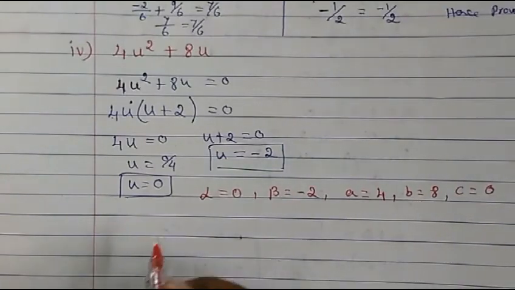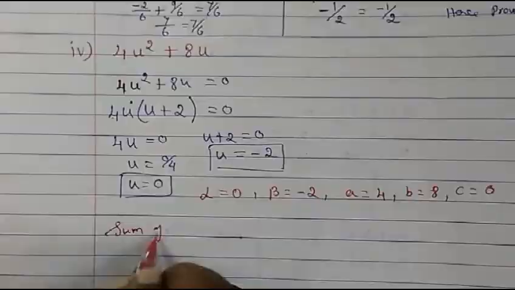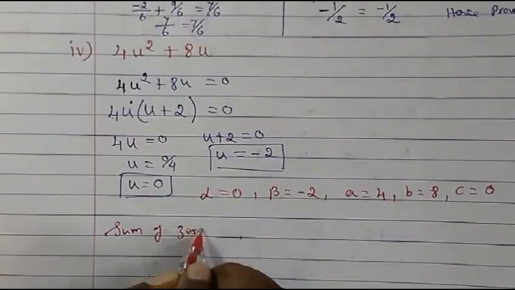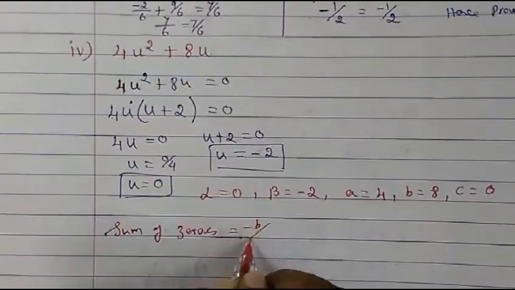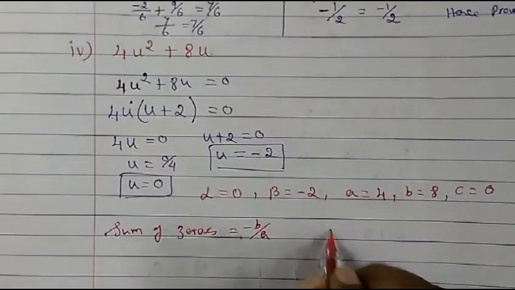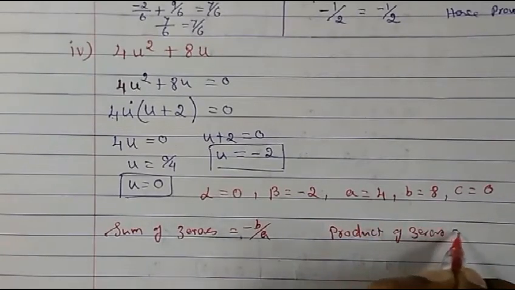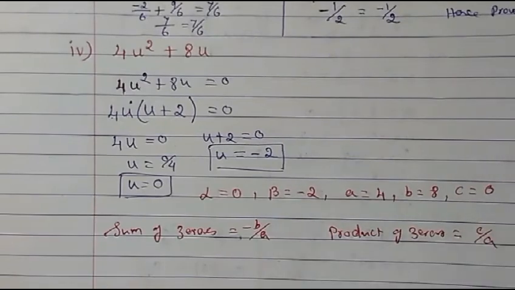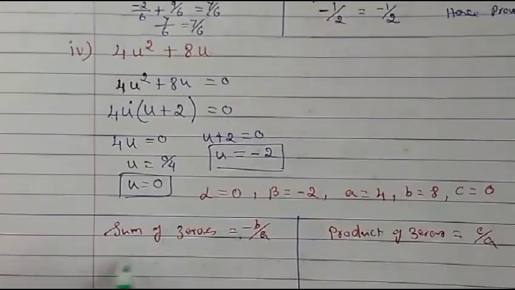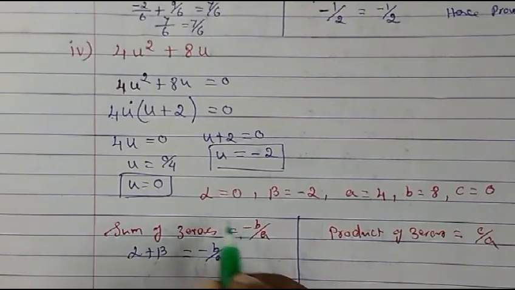So now let's verify. Sum of zeros equal to minus B upon A. Then product of zeros equal to C upon A. So sum of zeros alpha plus beta equal to minus B upon A. Alpha is what?